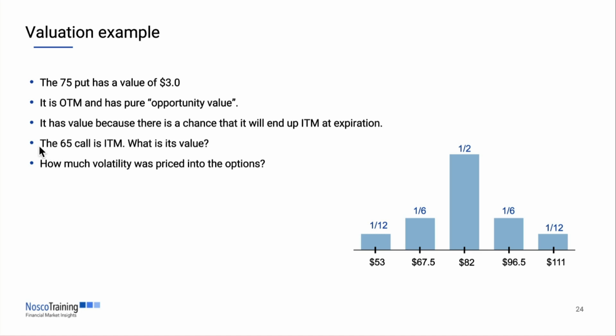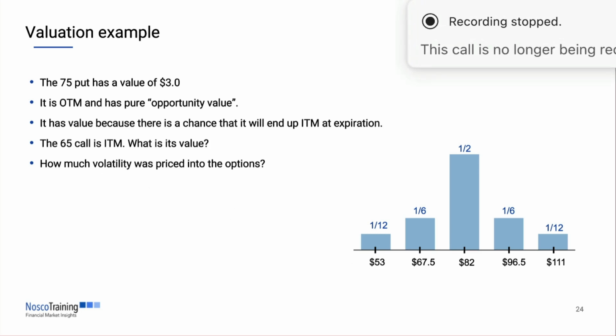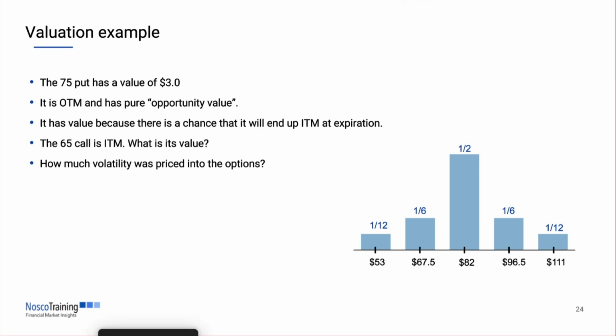But now let's go to the 65 strike call. Again, 6 months to go. Now, if the market is at 82, the right to buy at 65 is in the money. So this option, the 65 strike call, is in the money. Now let's use this distribution to calculate the option value. So what would you do to calculate the option value?